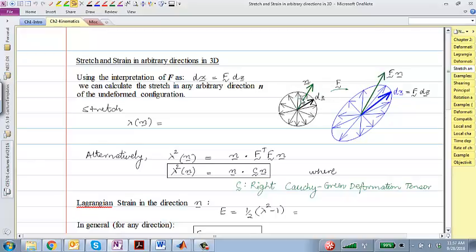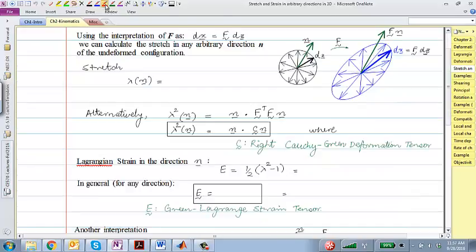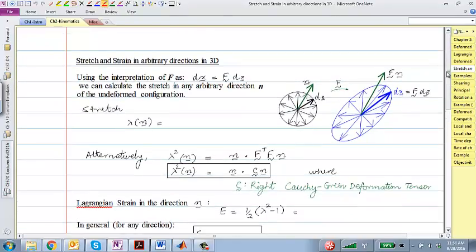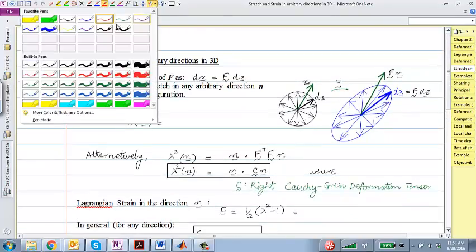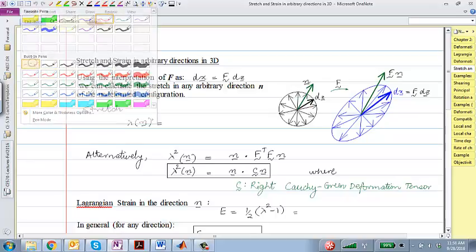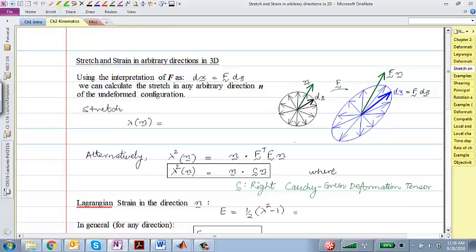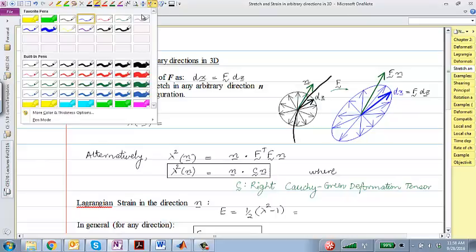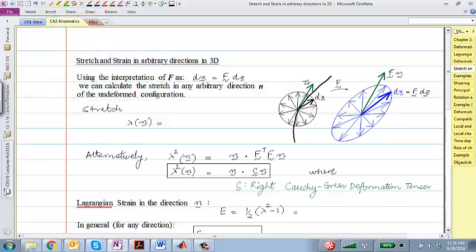Maybe I'll also draw a black curve, to which this n vector is a tangent at that point. And the corresponding blue curve is maybe something like this.